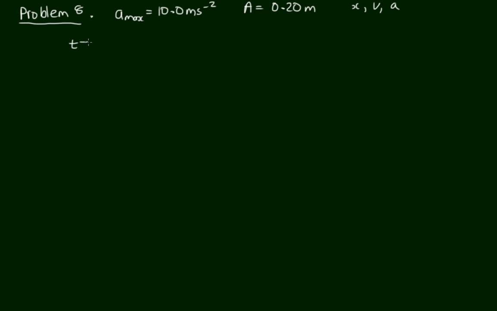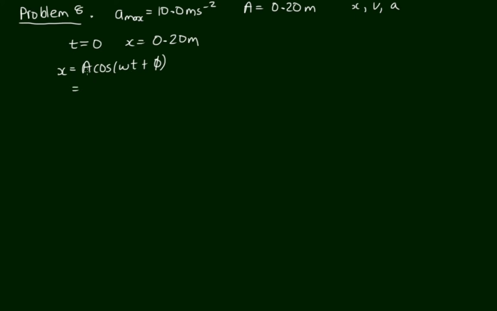So we know that at t equals 0, x is equal to 0.20 meters, the amplitude, which is the maximum displacement. Okay, so we know for simple harmonic motion, x is equal to a cos(omega t plus phi). Now at t equals 0, it's got its maximum displacement.